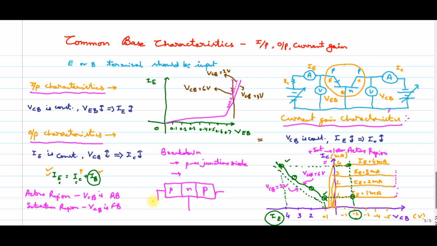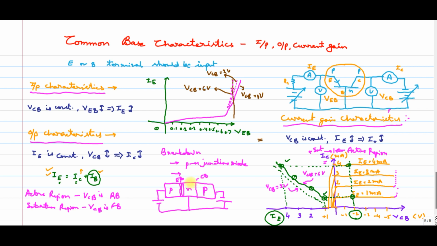Of course, we have mentioned this is forward bias and this is reverse bias, as we have seen here also. If it is forward bias, the depletion region is very small like this, but the other junction is reverse biased. This is called the emitter base junction and this is called the collector base junction.